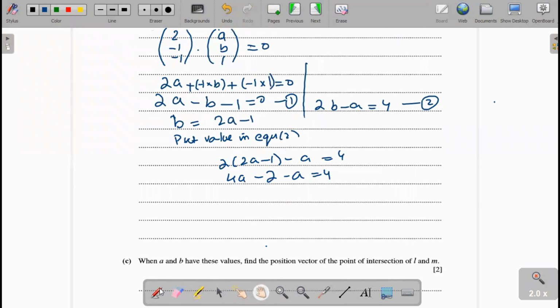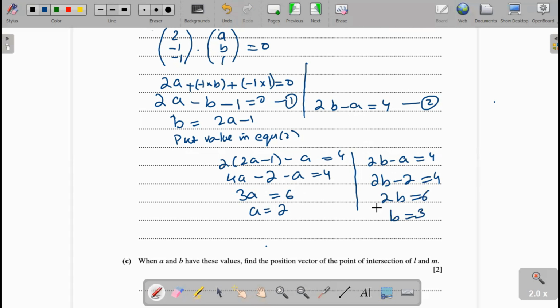Here this becomes 3A equal to 6, 4 plus 2 is 6, then A will be equal to 2. Now put the value here, we find B. 2B minus A equal to 4, then 2B minus 2 equal to 4, and 2B equal to 6, and B will be equal to 3.